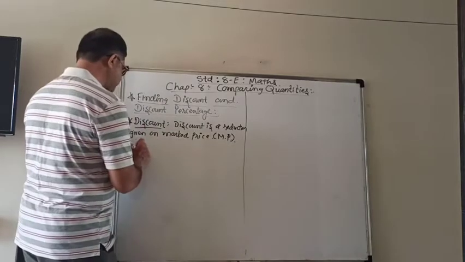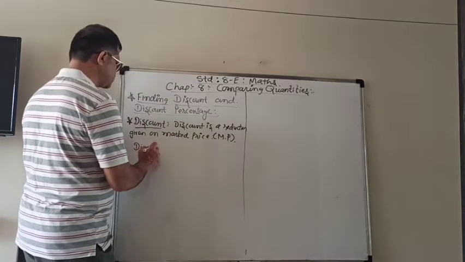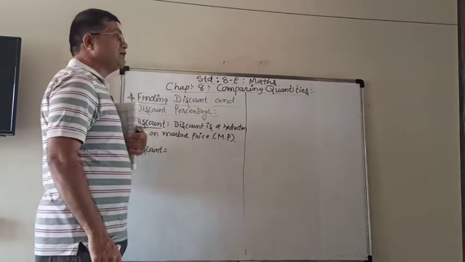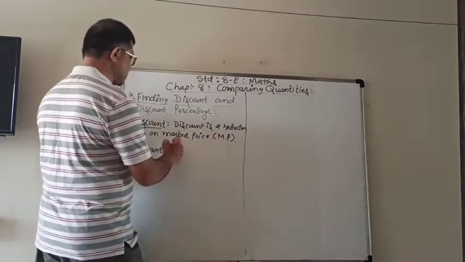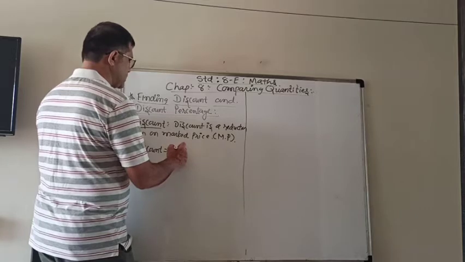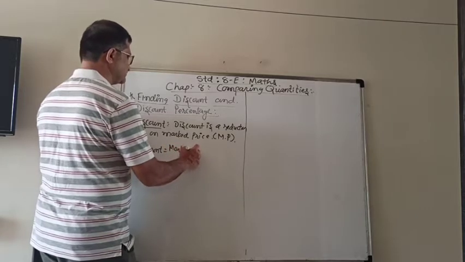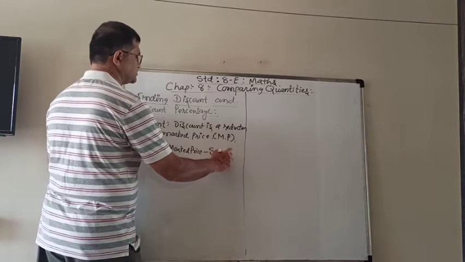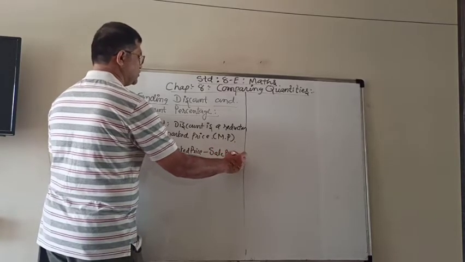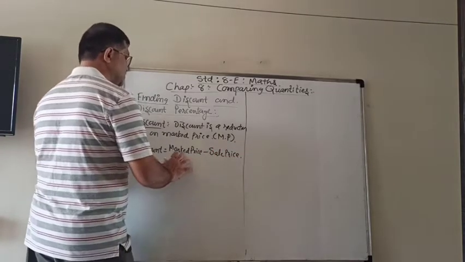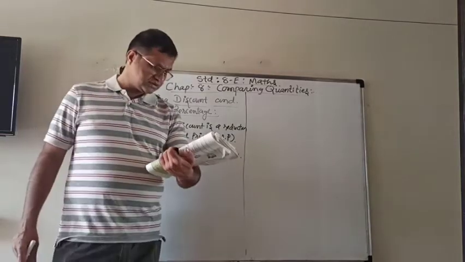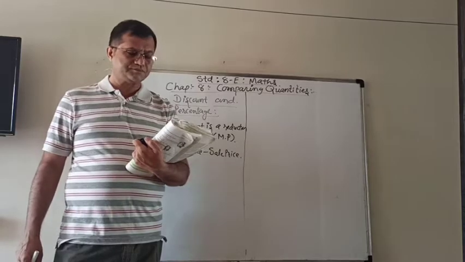So discount is equal to... So how will you find the discount? Discount is equal to marked price minus sale price. Means whatever you get price, that is subtracted from the marked price, then you get the discount.